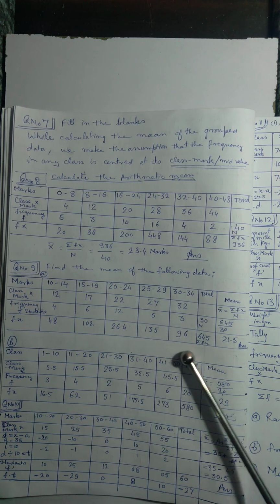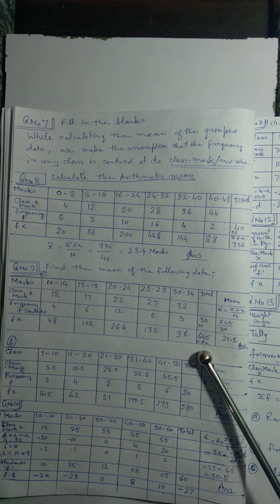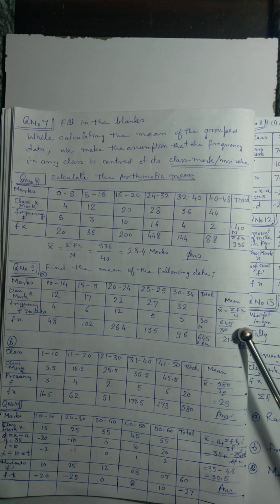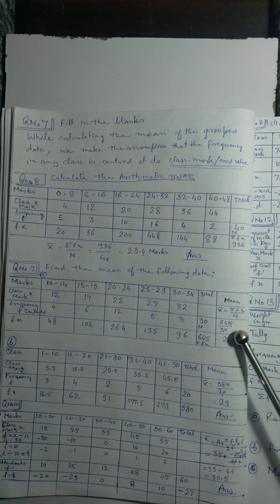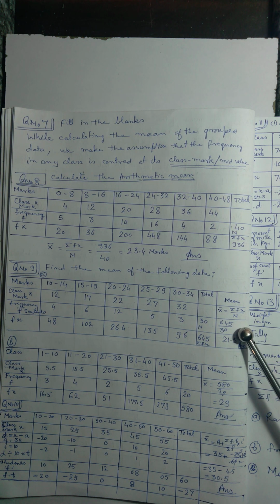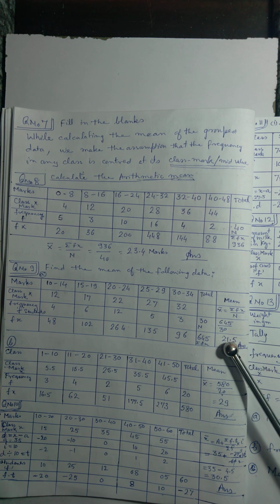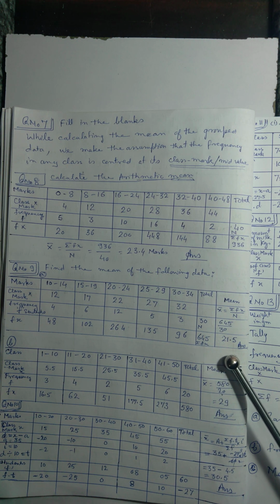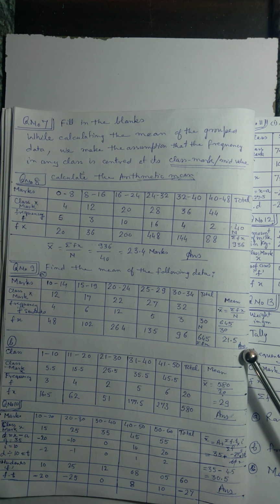So the total of sigma fx is equal to 645. So mean x bar is equal to sigma fx by n, that is 645 divided by 30, that will be equal to 21.5, and this will be the answer.